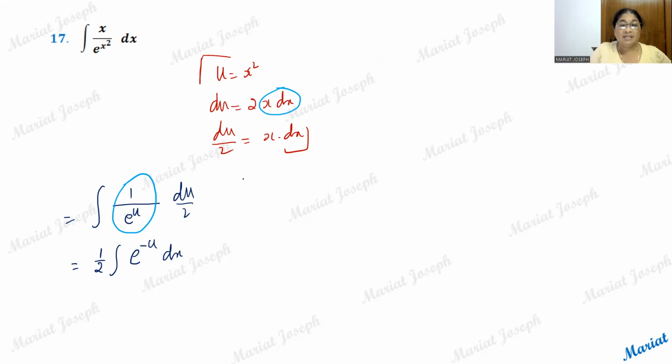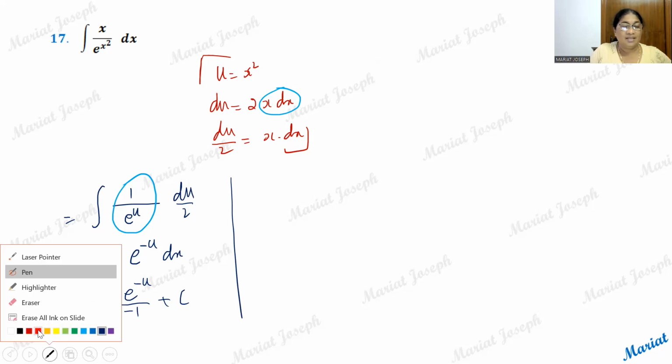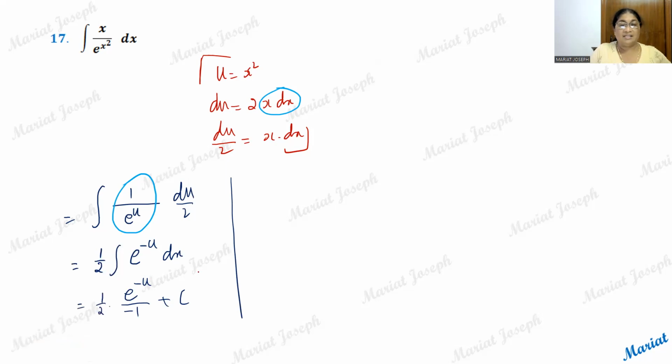Now what is the integral of e raised to minus u? Direct method: e raised to minus u upon minus 1. Ishita, can you tell me why did I write that minus 1 in the denominator?